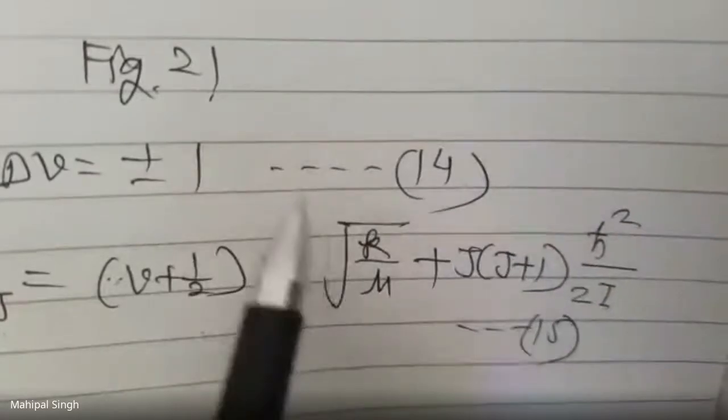Now we are going to draw the next figure, which will show some specific things. Let us draw that figure first. I am directly showing this figure. This is that figure.